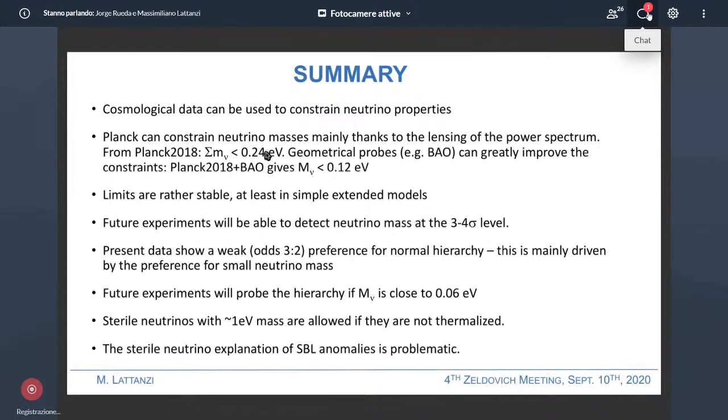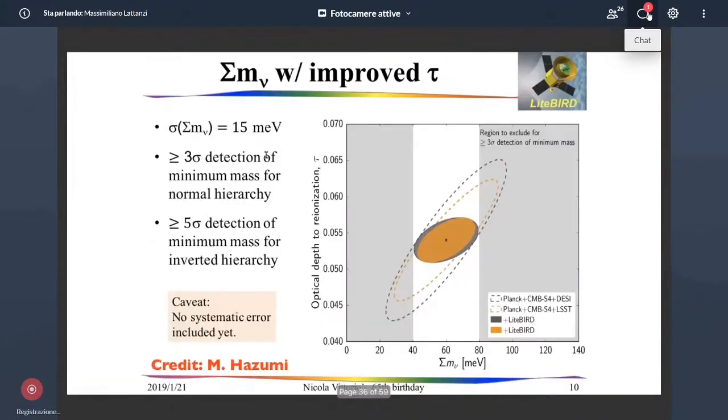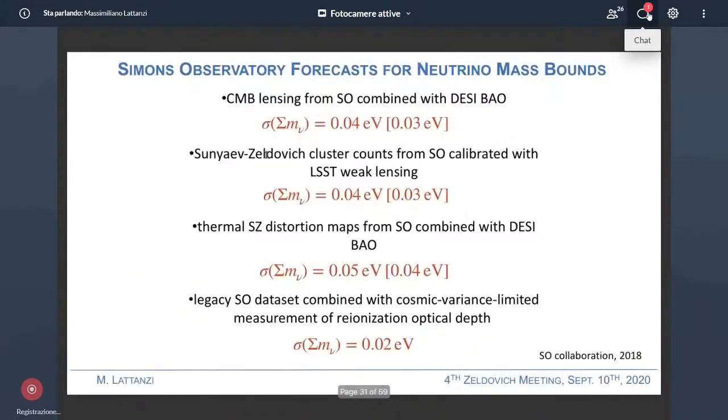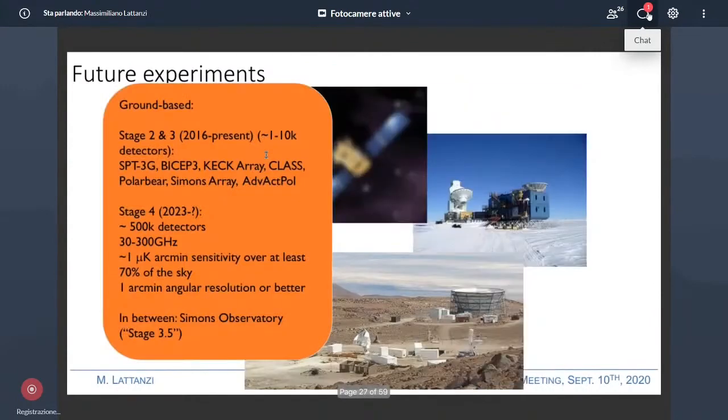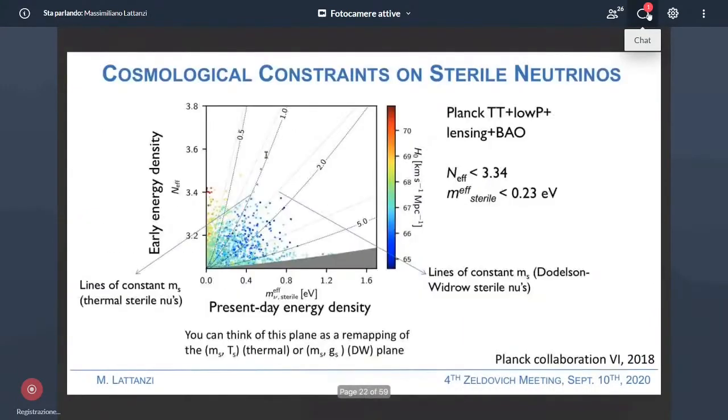Yeah. So I went a little bit quick on this. Here we are speaking of light sterile neutrinos, so eV scale or lighter.